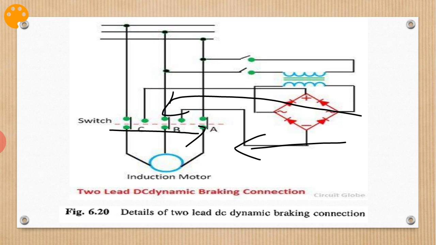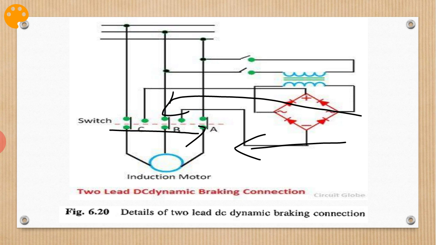The rotor is rotating, so the motion of the rotor in this field induces voltage in the rotor winding. The DC flux cuts through the rotor and induces the EMF.